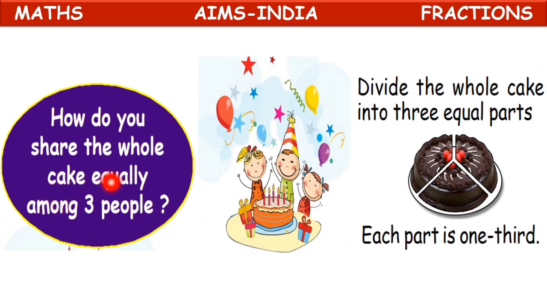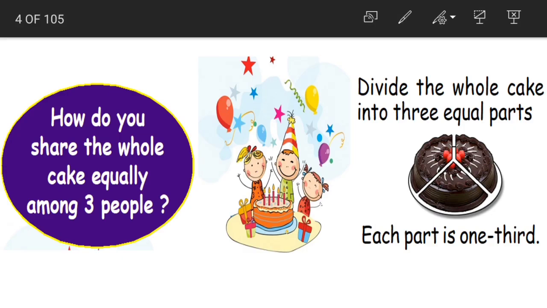Now, how do you share the whole cake equally among three people? Suppose your mother or father also joins and says I also want a piece of cake. How will you divide it among three people? Divide the whole cake into three equal parts and each part is called 1/3. See, how many parts did we make?